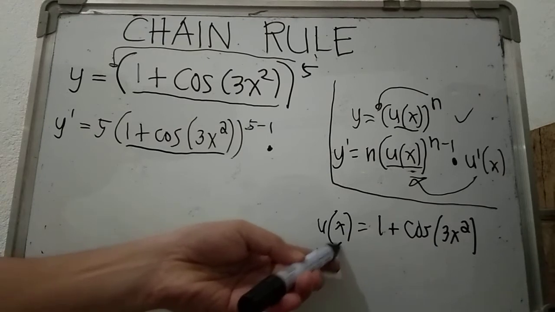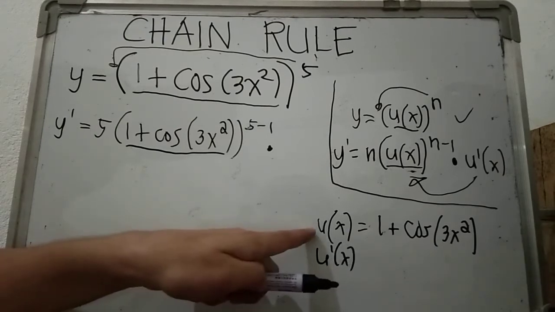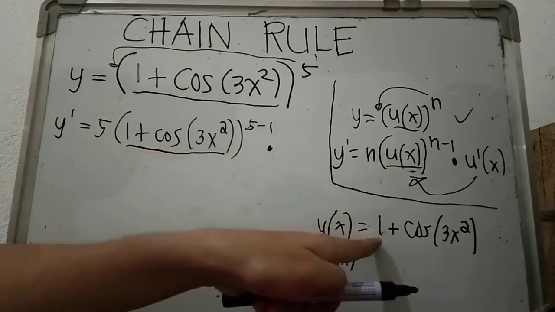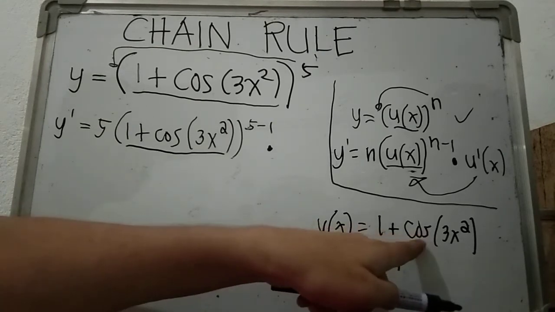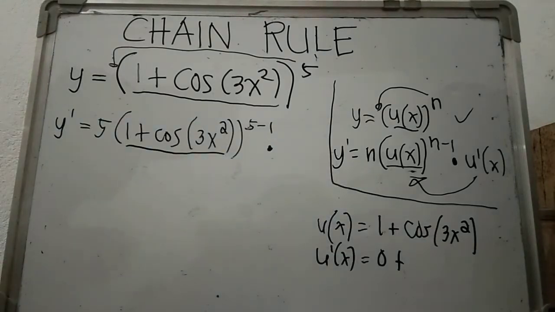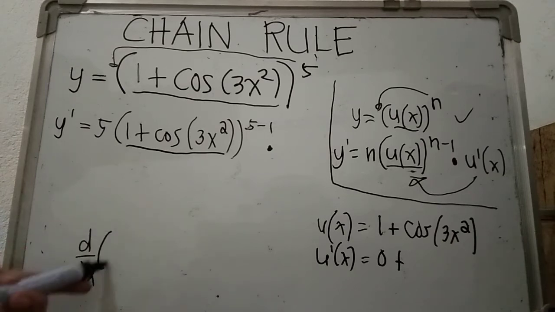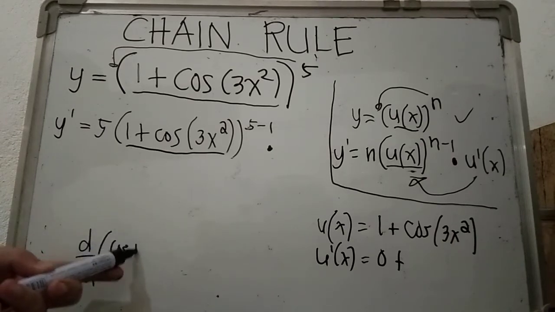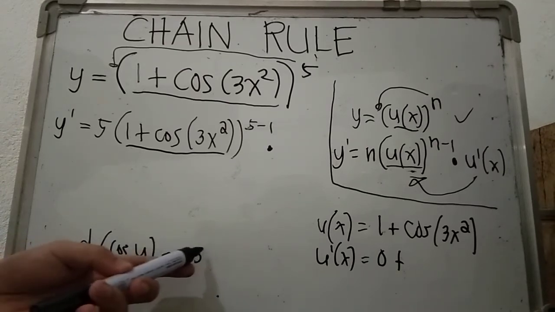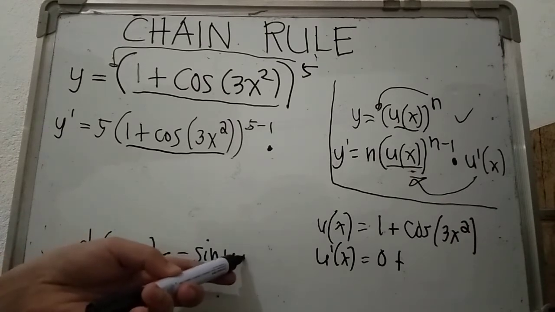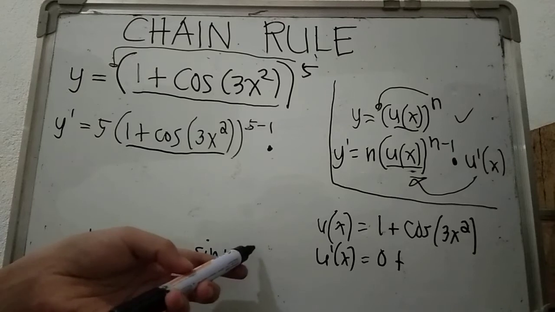Now, by using u prime of x, meaning the derivative of u, the one inside the parentheses, what is the derivative of 1? That is 0. Plus, what is the derivative of cosine 3x squared? If you recall the derivative of a trigo function, the derivative with respect to x of cos u is just negative sine u times u prime.